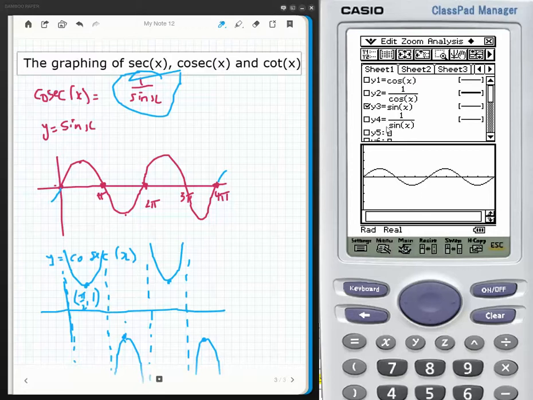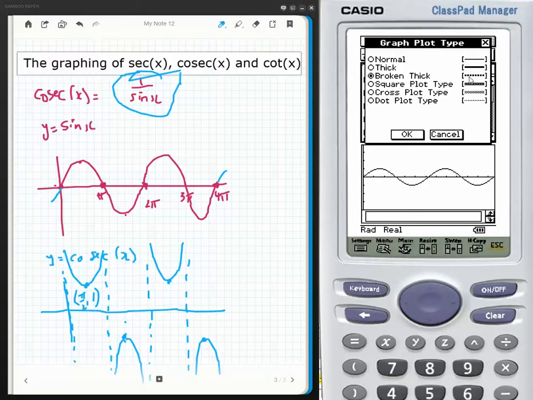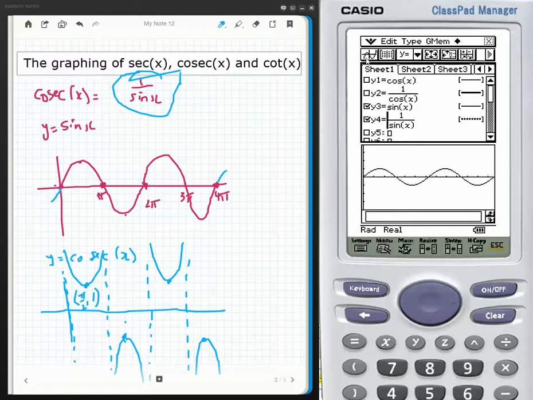And there's the graph of my sine of x, and if I add 1 on the sine of x, and I graph them both, then we end up with what we have here.